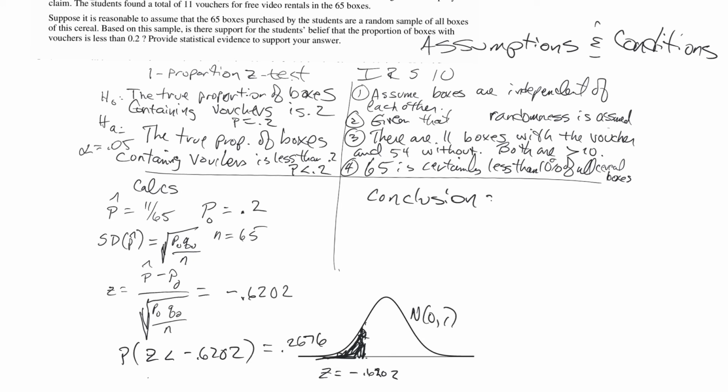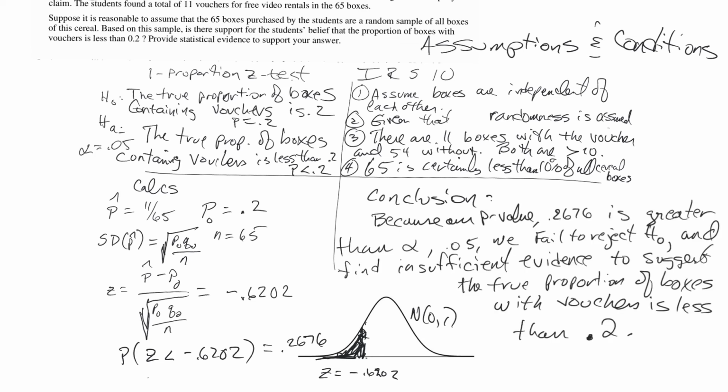I'll pause the video and write this down. So our conclusion: because our p-value 0.2676 is greater than alpha, 0.05, we fail to reject H naught and find insufficient evidence to suggest that the true proportion of boxes with vouchers is less than 0.2.